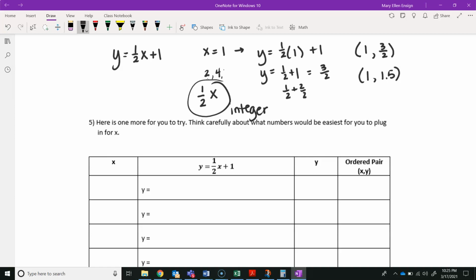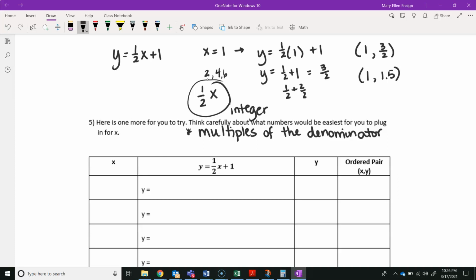Or 6. So what I want are multiples of the denominator, just like in that LCD method for solving equations with fractions in them. We want to multiply by a least common multiple, so if it's a multiple, then that denominator will cancel out.